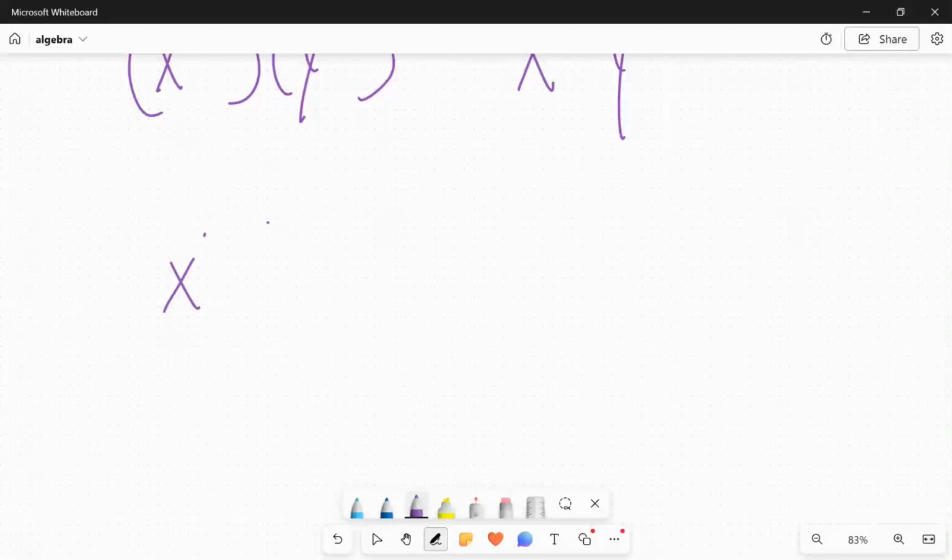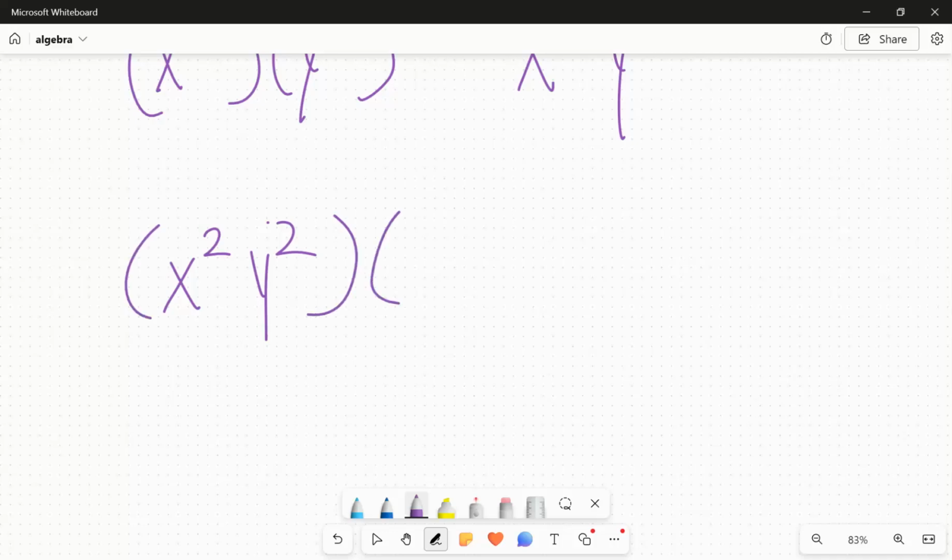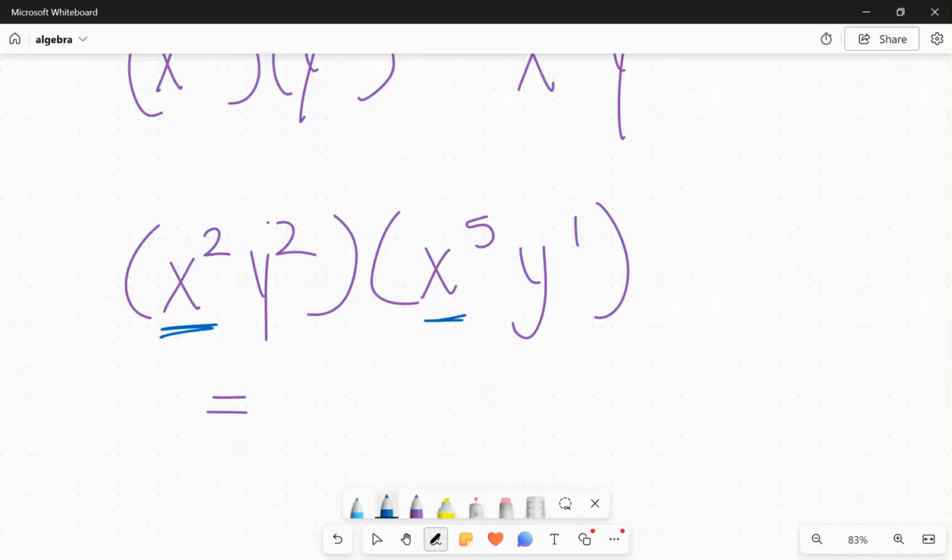Let's do x squared y squared times x to the fifth y to the 1. Okay, so now I have two bases, right? So I have to keep track of these. So let's look at x first. I have x to the 2 plus 5.